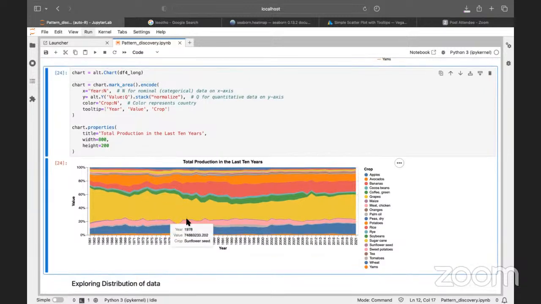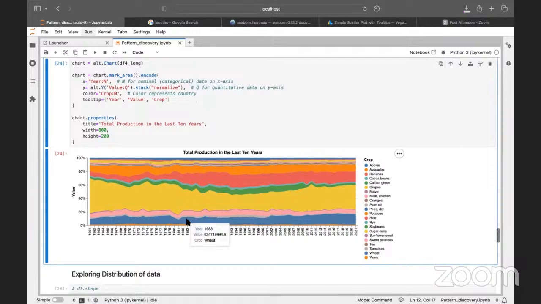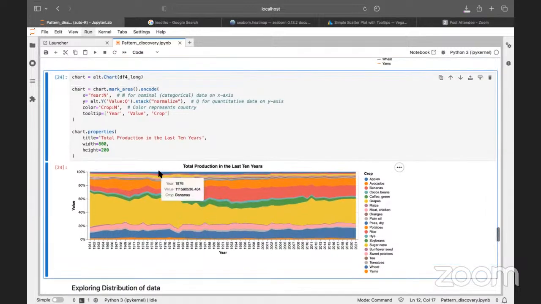This is the stacked area chart by default. If you specify the color as part of the encoding in this Altair chart function, then by default you're going to get the stacked area chart.